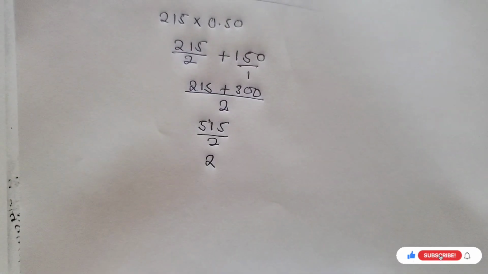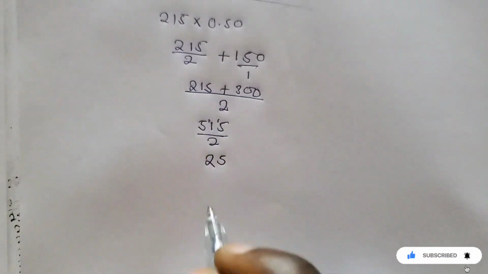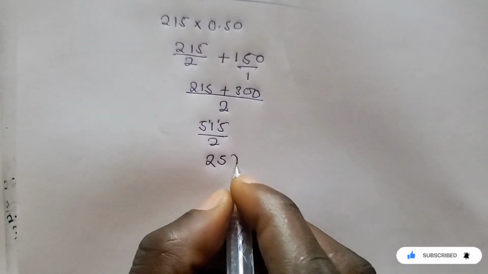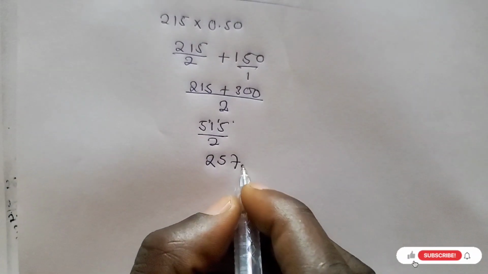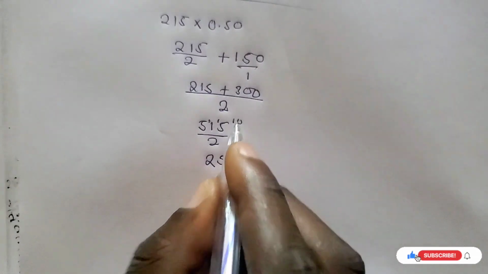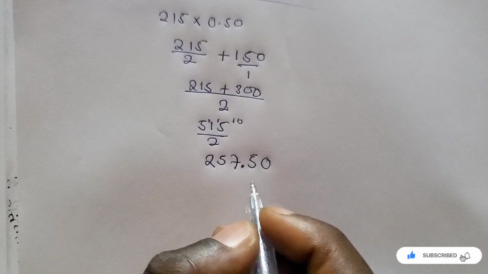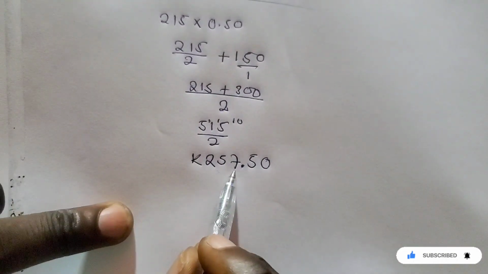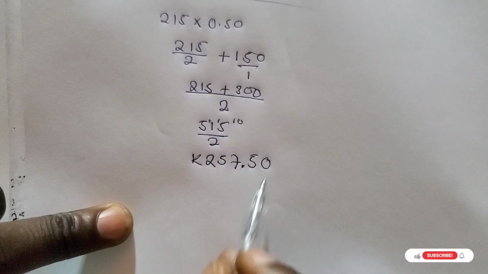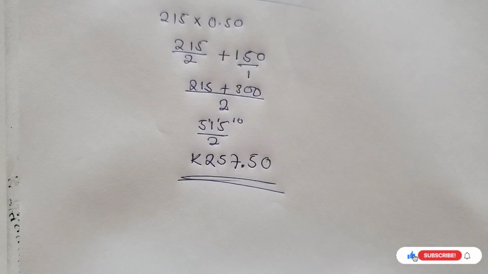So this becomes 11. 2 into 11 is 5, remainder 1. 2 into 15 is 7, remainder 1. 2 into 1 can't, so it brings a point. Then that becomes 10. 2 into 10 is 5. Total bill in kwacha is 257 kwacha 50 ngwe. This is the total, we've added the 150 there.